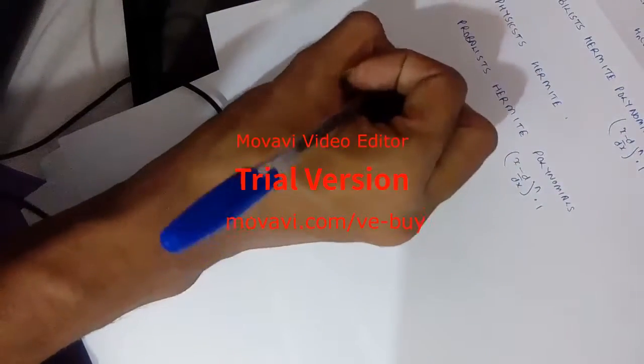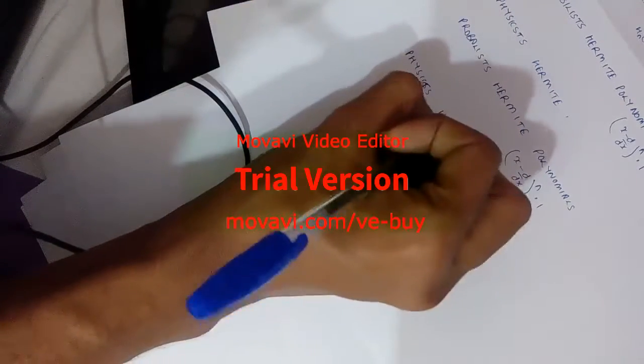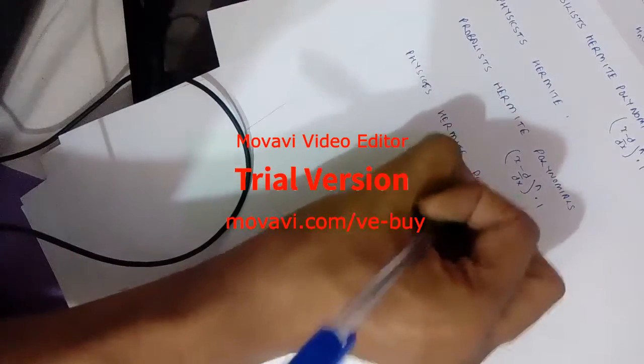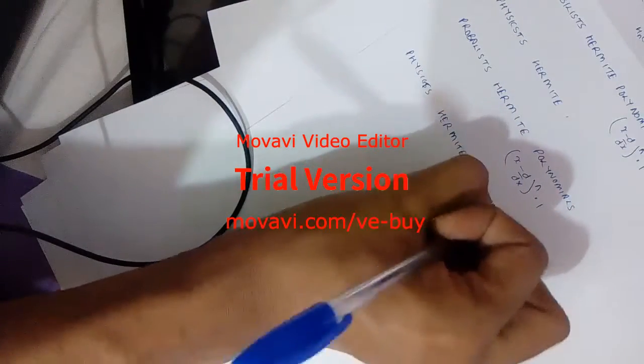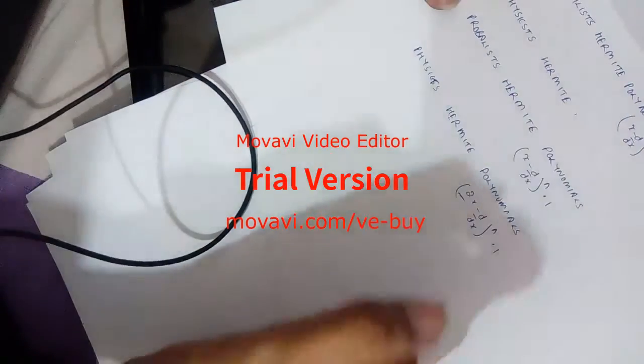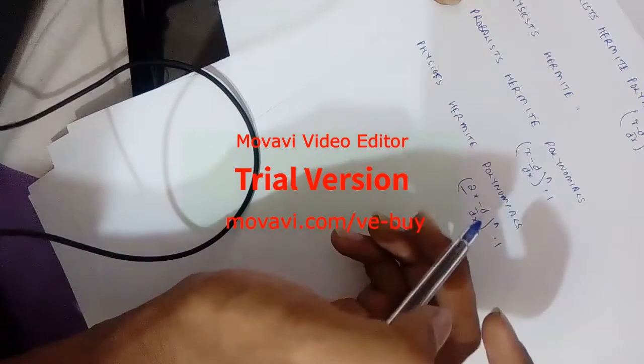And another one is the physicist Hermite polynomial, which equals 2x minus d upon dx to the power n into 1. There's only a difference of 2 between the probabilist Hermite polynomial and the physicist Hermite polynomial.